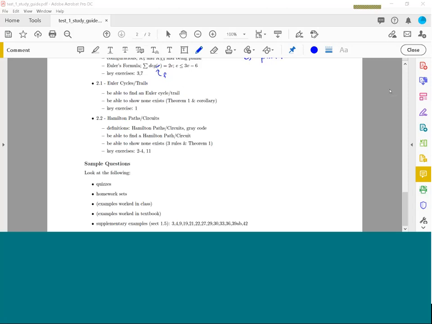Now, good news is if you look in the back of your textbook, your author is not awesome in terms of always giving you answers, but he does give you some hints and answers for at least some of those questions. Did I actually pick all the ones that he would do in the back? Nope, but at least some of those are ones that he would have done in the back of the book.